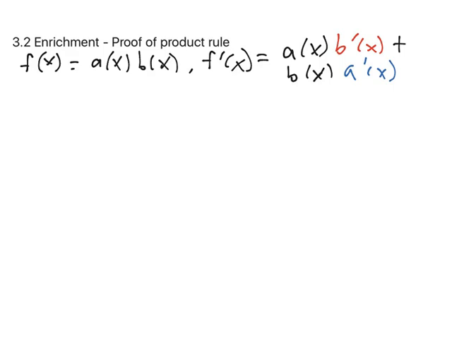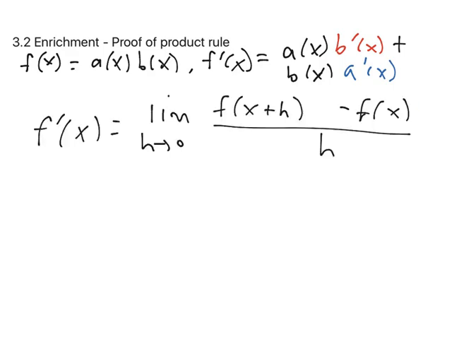Remember that the definition of the derivative f prime of x is the limit as h approaches 0 of f of x plus h minus f of x over h.